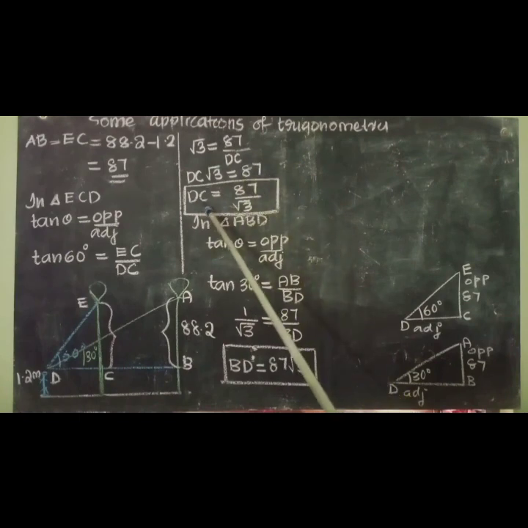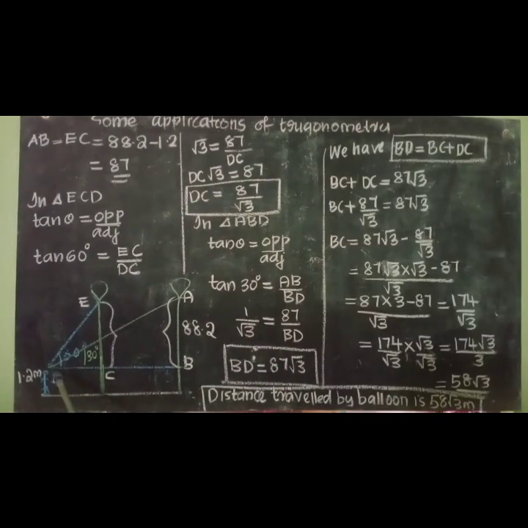We get DC equal to 87 by root 3. Let it be there. So let us move to the next triangle. In triangle ABD, tan theta equal to opposite side by adjacent side. Tan 30 degree equal to AB by BD. 1 by root 3 equal to 87 by BD. BD equal to 87 root 3.